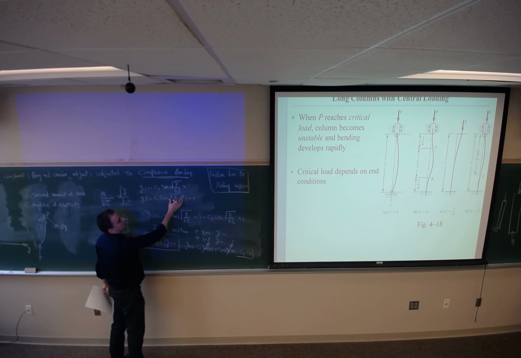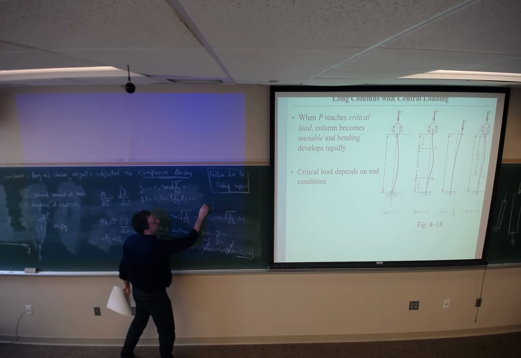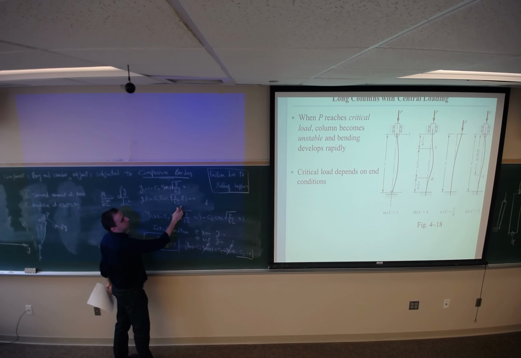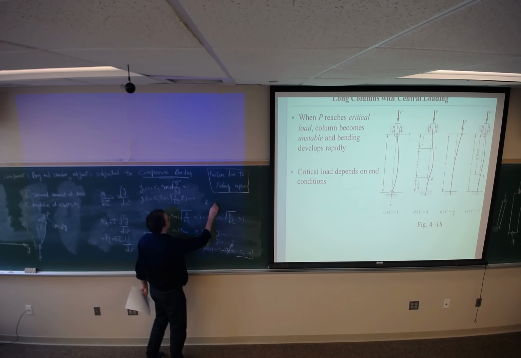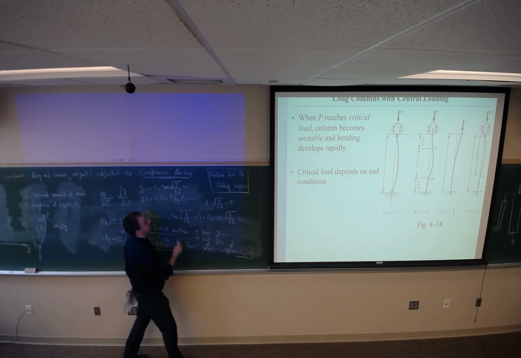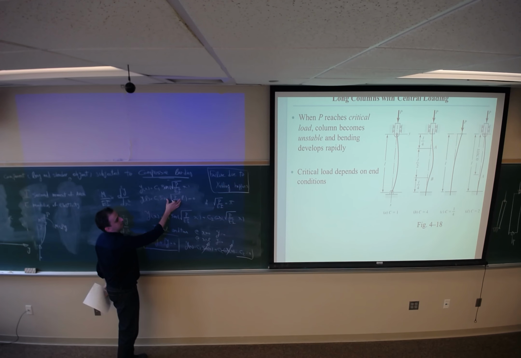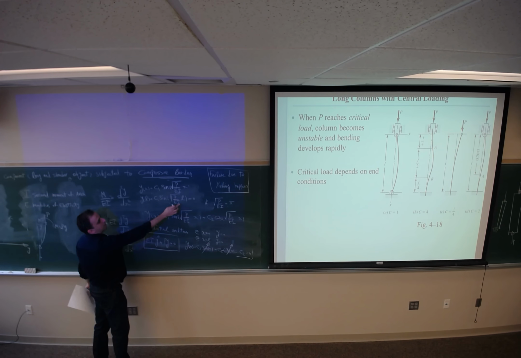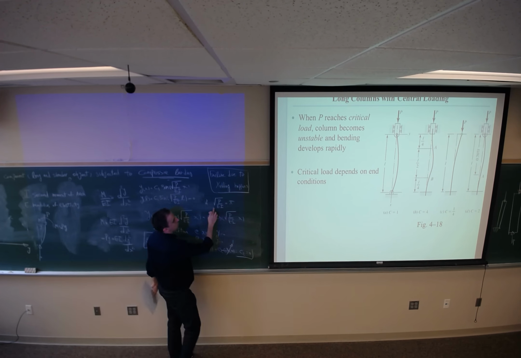So how is it possible? If the square root of P over EI equals pi, then sine of pi equals 0.